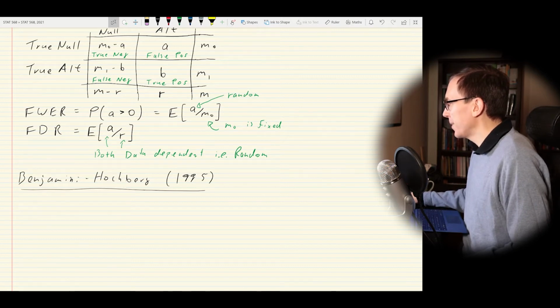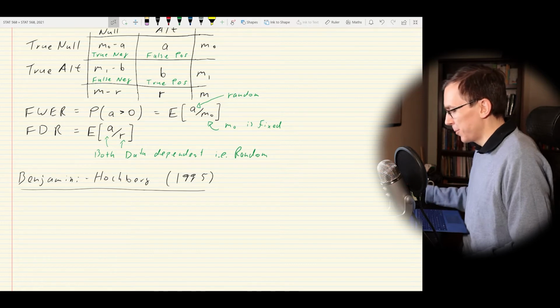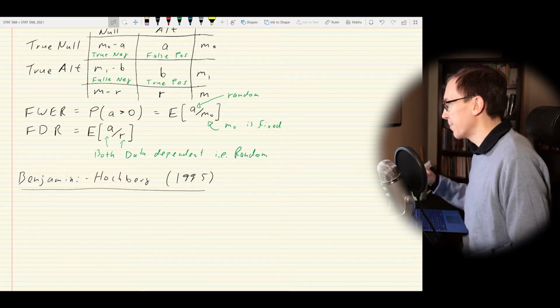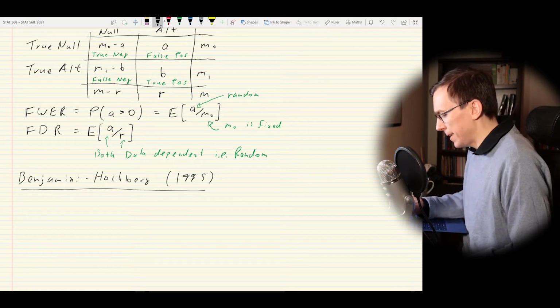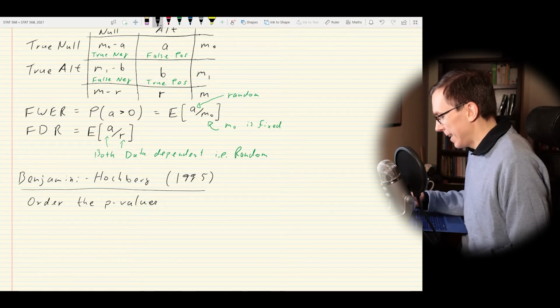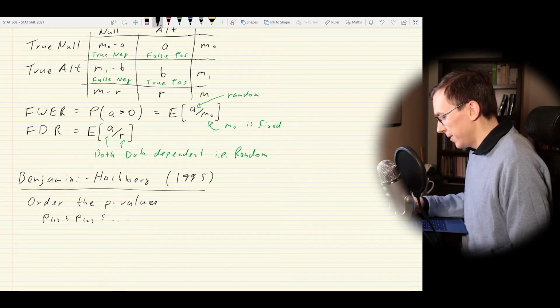Now that we have that, the question is, what is the Benjamini-Hochberg method? As before, we need to order the p-values. So first, we order the p-values, and we get, once again, p(1) less than or equal to p(2), all the way up to p(m).